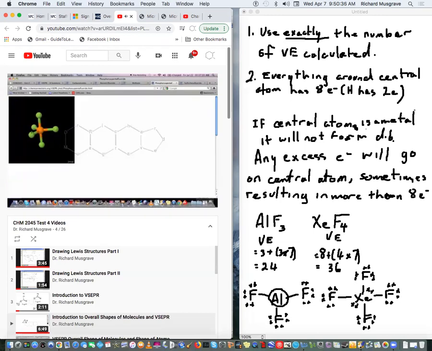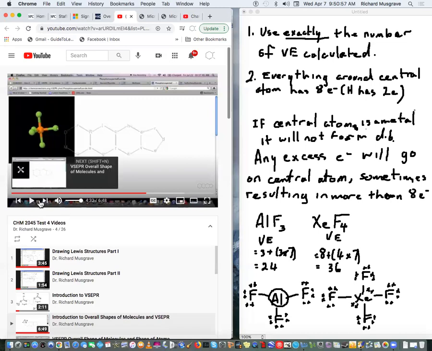So there's your triangle on the bottom, and there's the tip of the pyramid right there. And it's a trigonal bipyramid because you've got a pyramid up here and a pyramid on the bottom. So that's where the name comes in. So two triangular based pyramids joined at their bases, essentially.